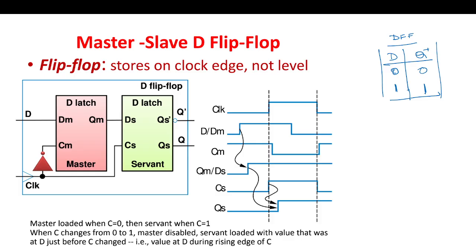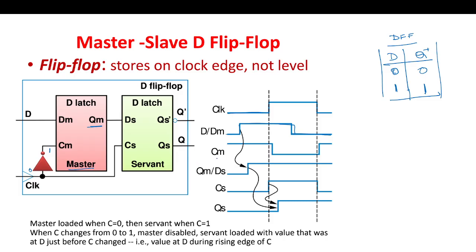Now if we see this waveform, the clock is 0 here, so 0 here means 1 here. That means the master should be operating. The data input is given to the master, so we have to see QM.